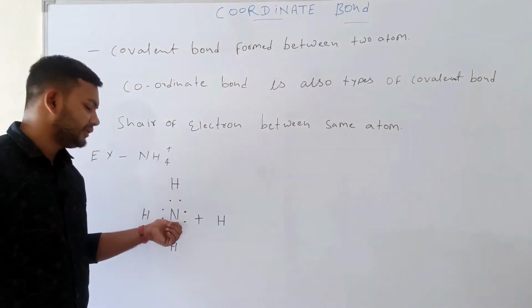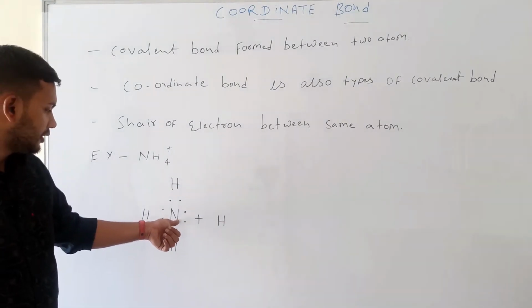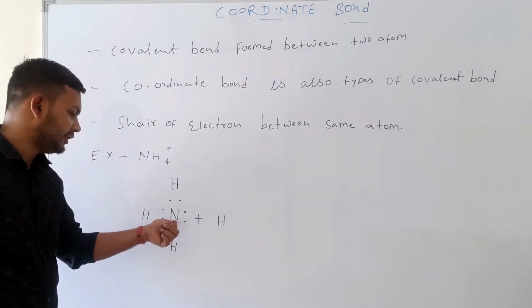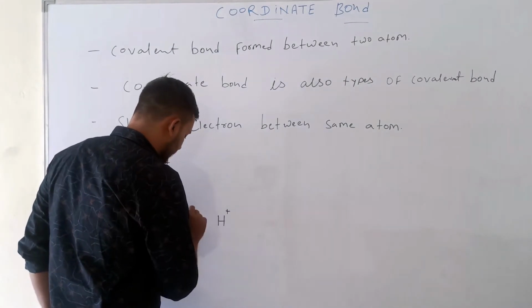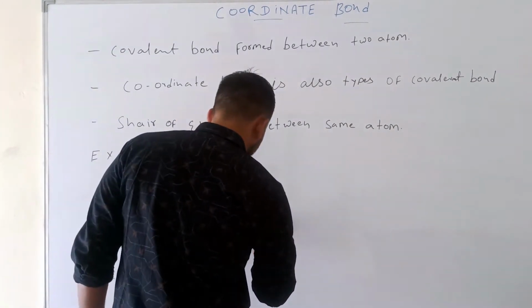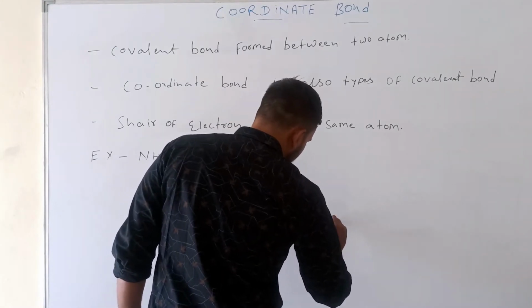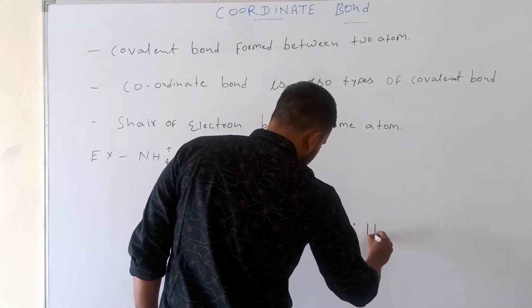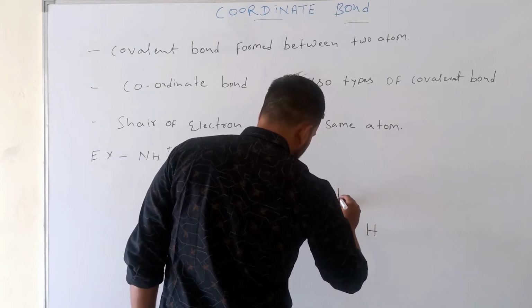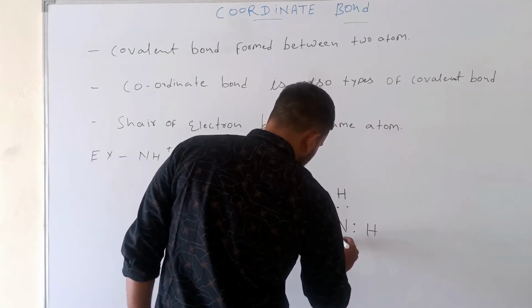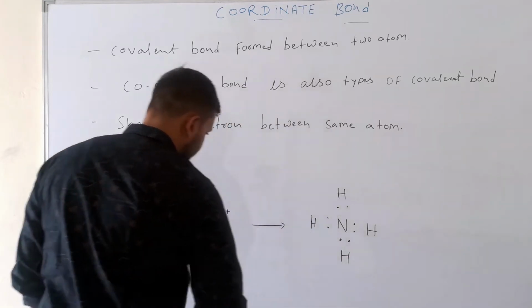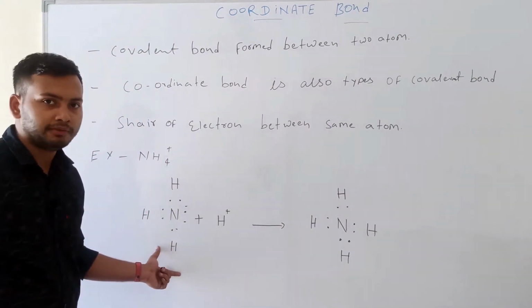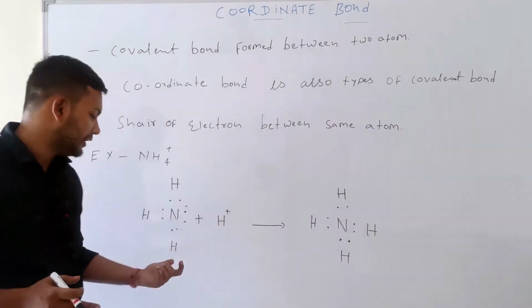Nitrogen requires 5 electrons to complete. Nitrogen has a negative charge and hydrogen has a positive charge, so it will form H. These electrons are normally carried by nitrogen, and this is basically a donor property.